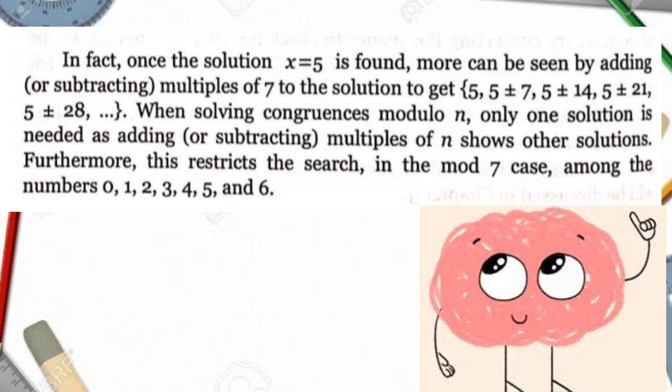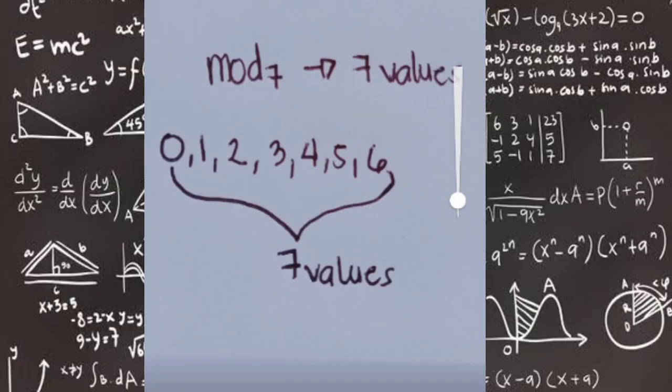Furthermore, this restricts the search in the mod 7 case among the numbers 0, 1, 2, 3, 4, 5, and 6. It means that modulo 7 has only 7 values, the largest of which is lesser than the number 7.